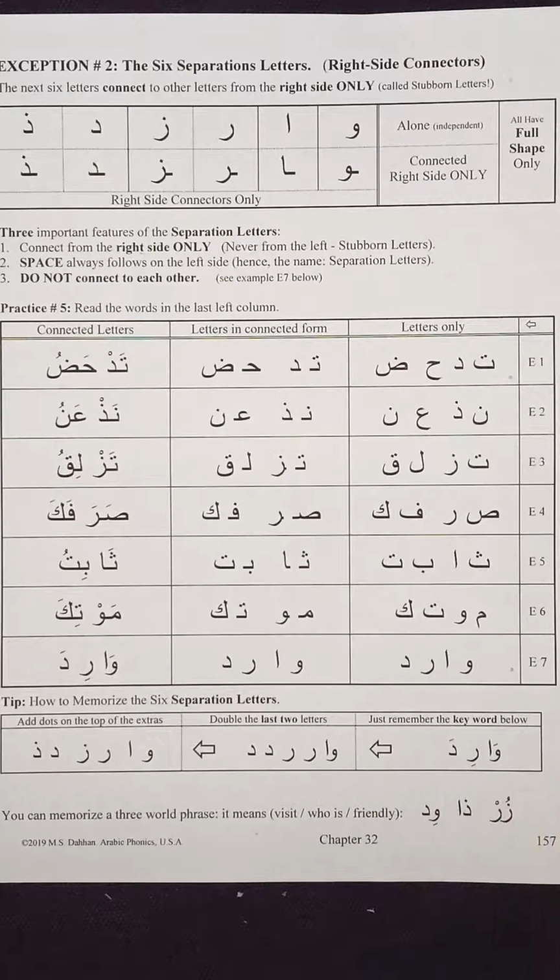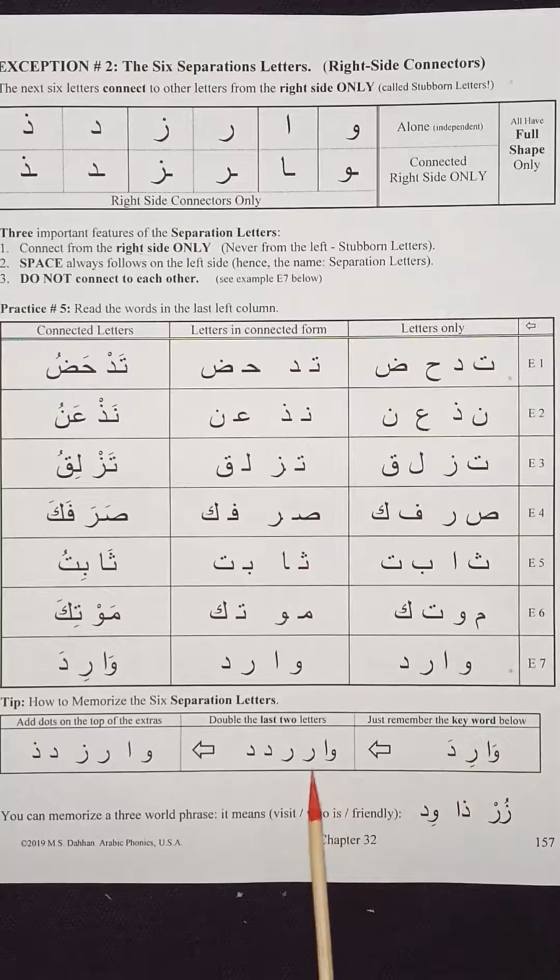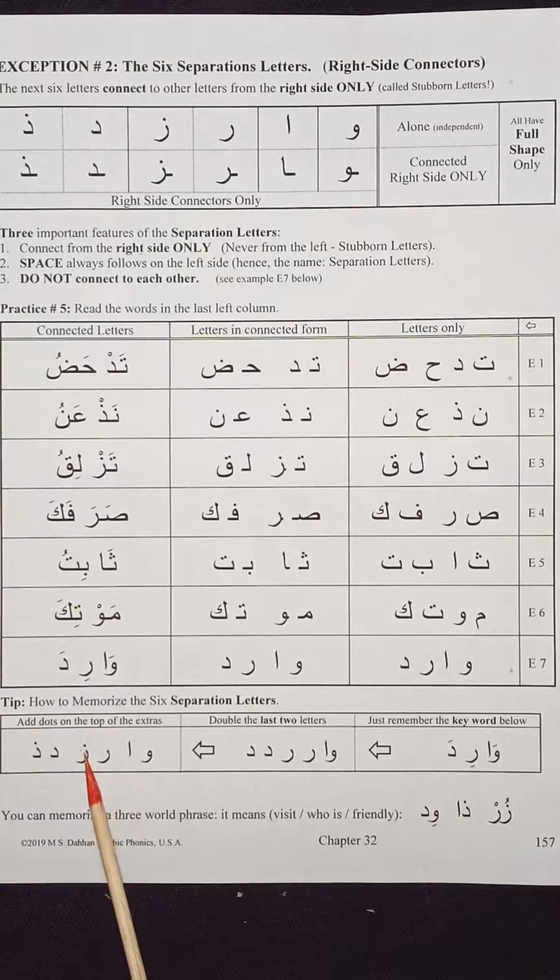And here is a trick to make you memorize this. You just write this word, memorize this word, warida. Warida means coming to you. Then write it down, take the vowels out, and double the last 2, and then add a dot on them, and you get all the 6.